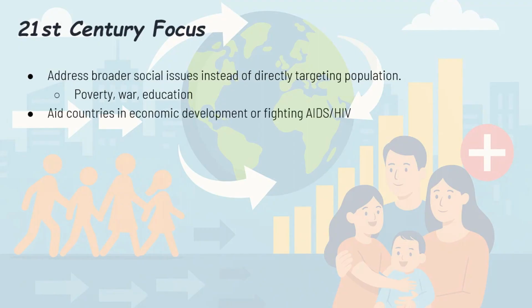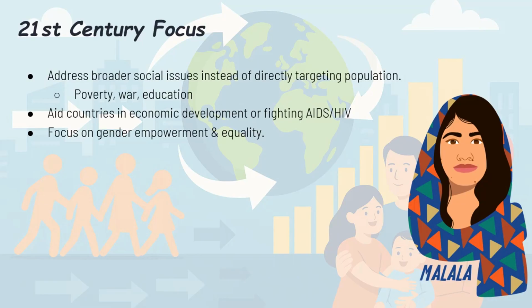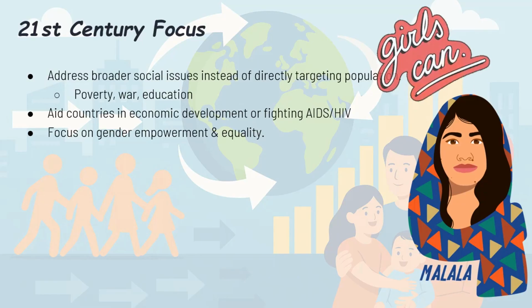Instead of governments going, "We need more babies," or "No more babies," the focus has moved toward tackling why populations grow or shrink in the first place. Modern approaches zoom out to look at bigger social issues, like poverty, conflict, and lack of education. Basically, the root causes that actually drive population trends.